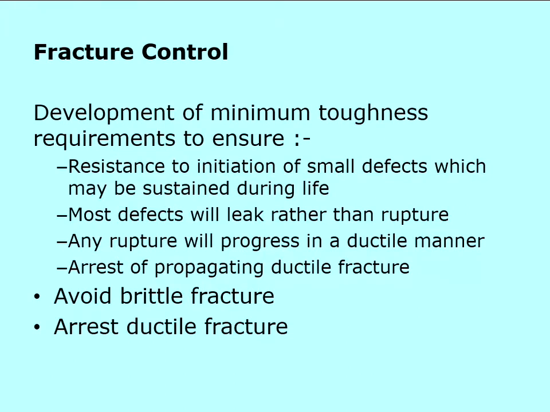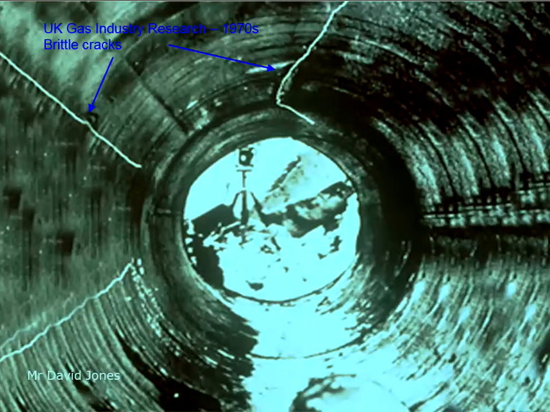You avoid brittle fracture using a series of material tests which have got to demonstrate the material is adequate before you start using it to construct the pipeline. The typical one is the drop weight tear test, which is required for gas pipelines. And what that basically says is you've got to have either 75% or in some cases 80% shear area at 0 degrees centigrade.